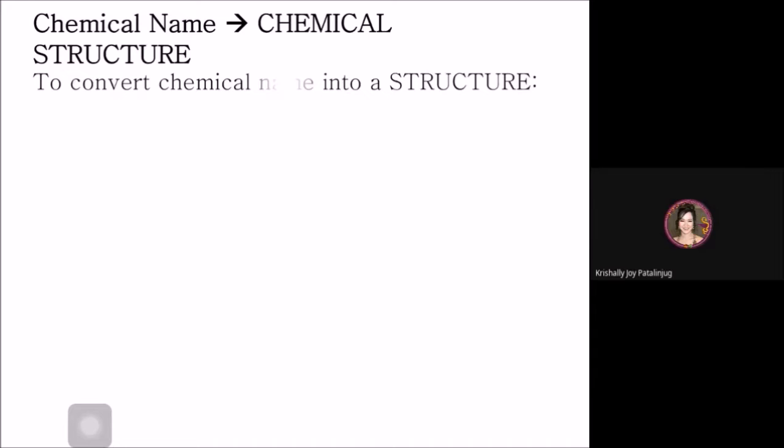This time, paano naman kapag chemical name yung binigay? Chemical name yung binigay, how will you convert that into a structure? Okay? So, these are the steps in converting chemical name for branch chain alkane into its structure.